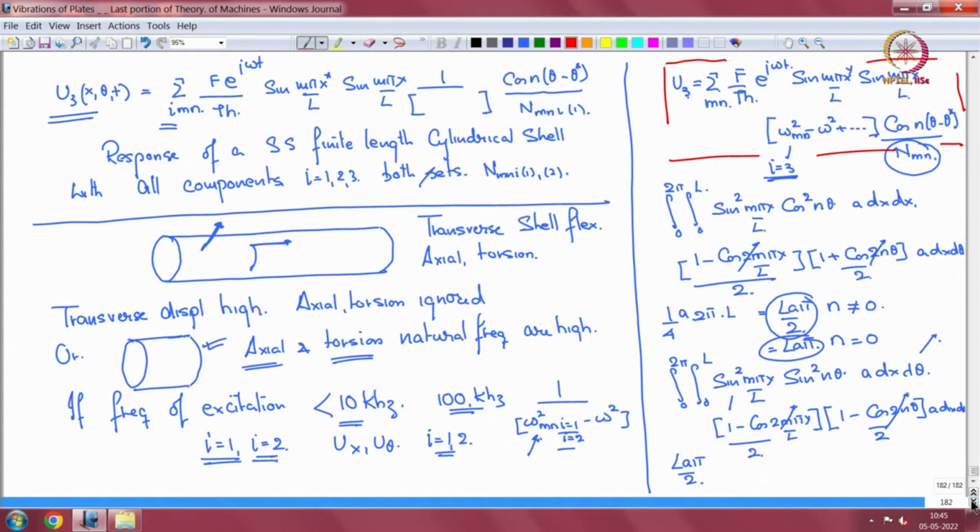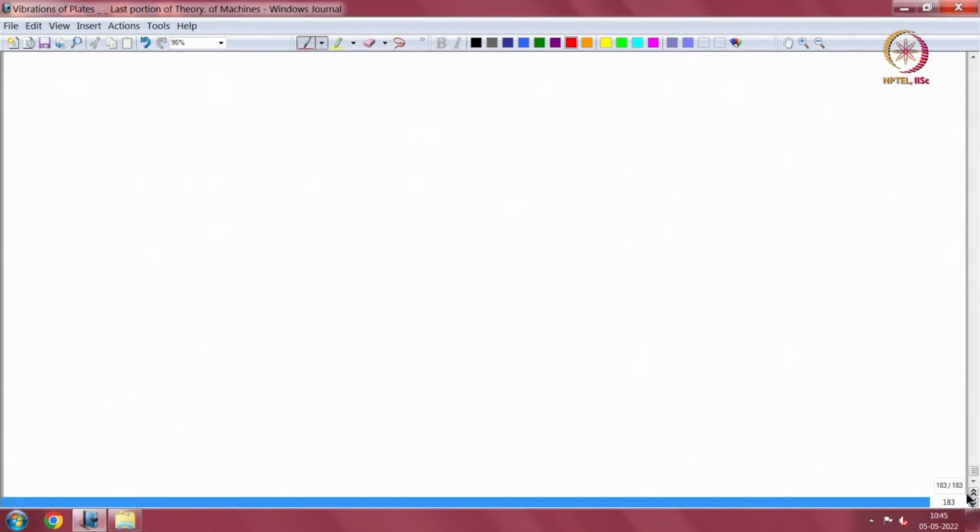So now let's see, we'll do one more example here, which is, let's say we have a traveling load on a simply supported shell.